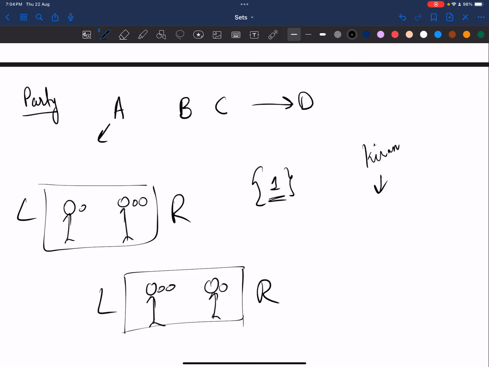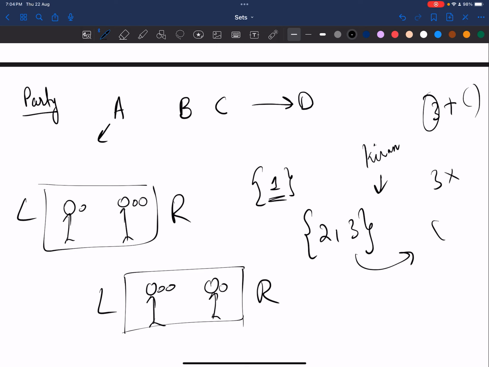So 3 is going to send a clone of itself, and it's going to do whatever you want. You want to add 3 to something, multiply 3, raise to the power 3. Wherever you need 3, for whatever reason, a clone of 3 is going to come whenever you need it.